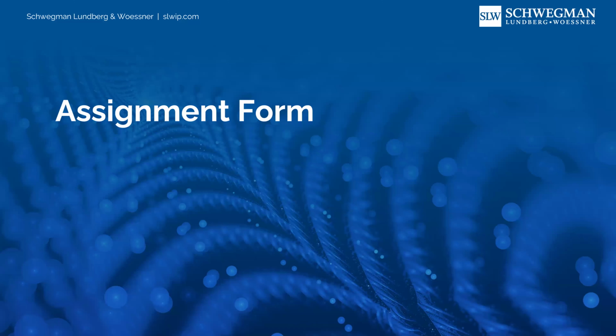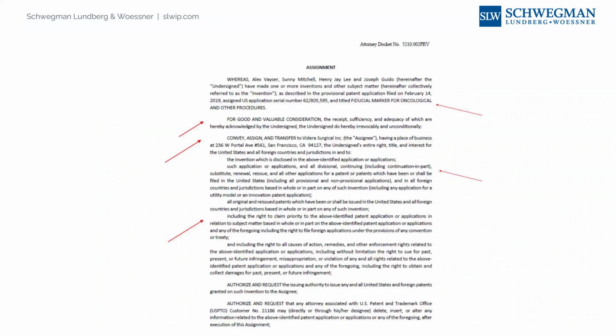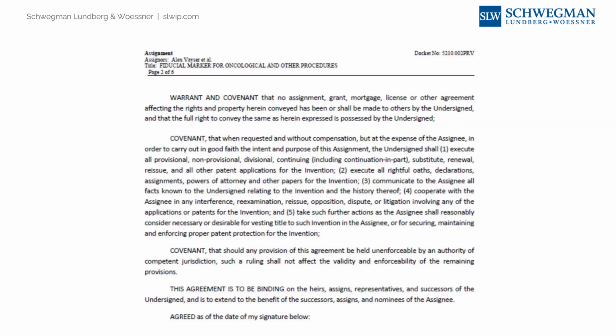And the assignment form, these are just an example here. These can be ginned up by an attorney pretty simply, just a basic contract that calls out the name of the assignees, the number of the patent if possible, the title, and then some boilerplate-ish language, if you will, that meets the offer, acceptance, consideration standards.